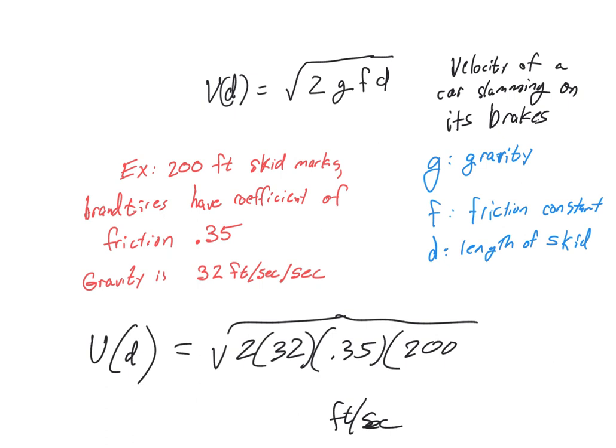Oh, and with that radical function, there are some domain restrictions. You cannot have a length of a skid mark that's a negative number, because then this would be negative underneath the square root, and then it would be imaginary, but it also doesn't make sense. You can't have negative skid lengths. Gravity can only be written as a positive.